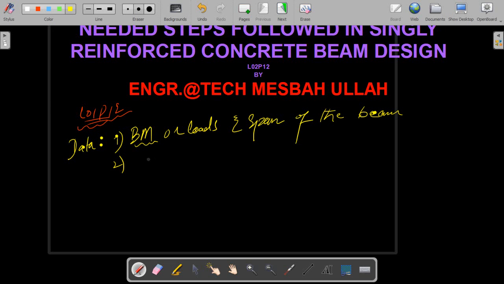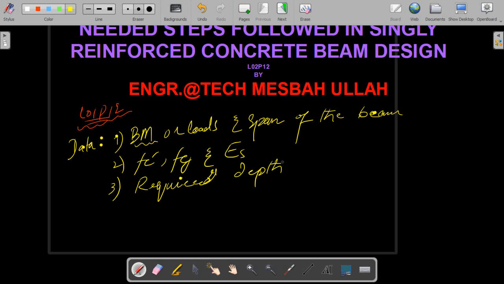The second type of data which we need is the material strengths, that is Fc prime, Fy, and modulus of elasticity of steel. And the third one is the required architectural depth, because almost all the time a drawing comes to the structure design section from the architectural section or architectural division.